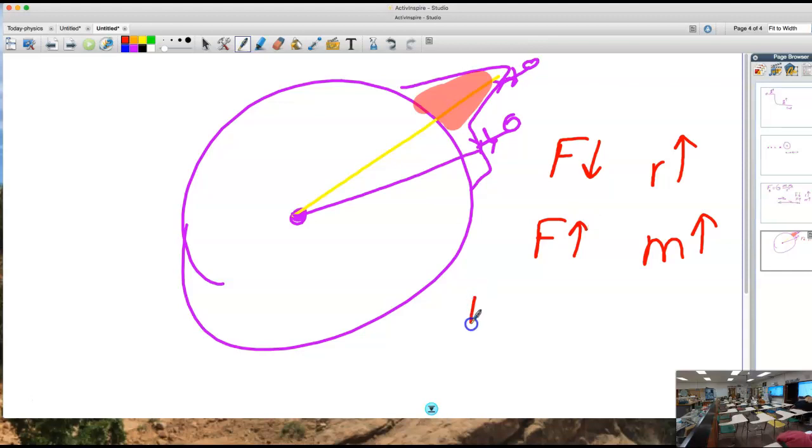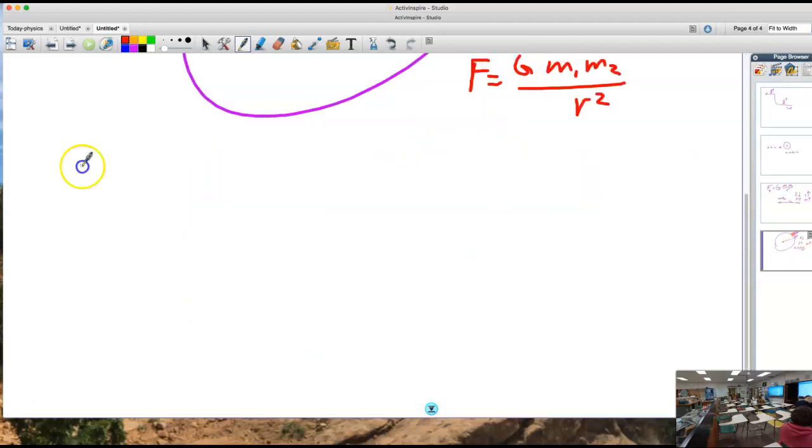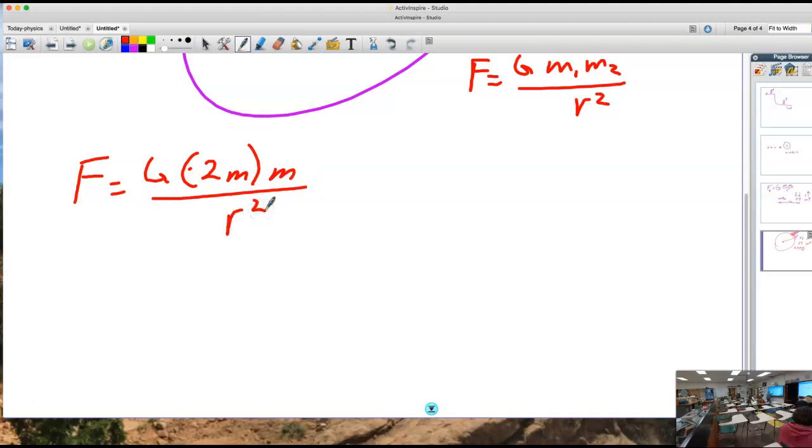Well, what was our formula? So let's just say I double the mass. We're going to do one side where I double the mass, and one side where I double the radius.